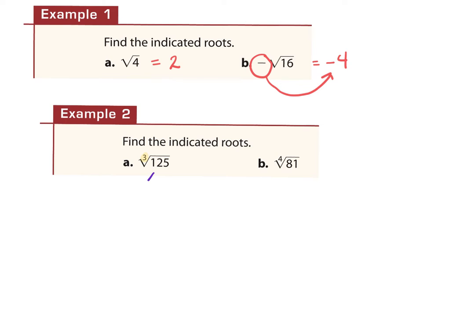I know that 5 goes into 125 25 times, and I know 25 breaks down to 5 and 5. Once you get your prime factorization, you go back to your index and ask, how many times does it have to group in order to be a root? In this case, it has to group 3 times. So 1, 2, 3, there's a group. My cube root of 125 is 5.